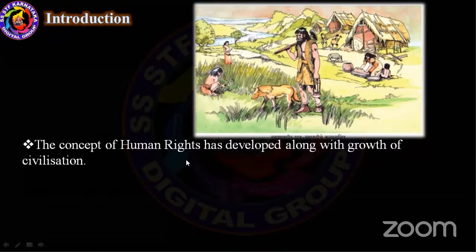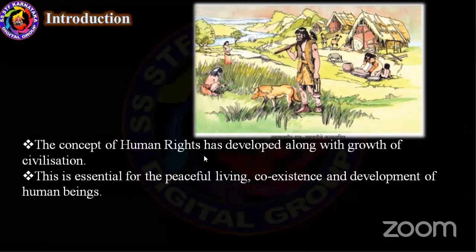Since then, human rights have developed along with civilization. They are essential for peaceful living, coexistence, and development of human beings. Actually, the concept of human rights emerged in the modern world, not in the medieval or ancient days, but under another name it was present in society, like rights.